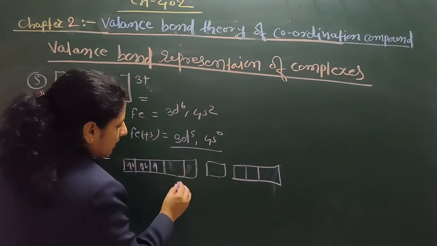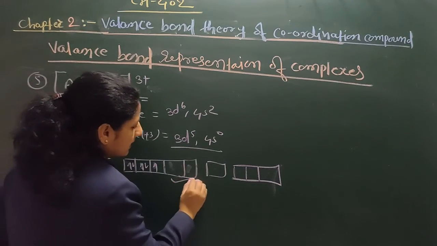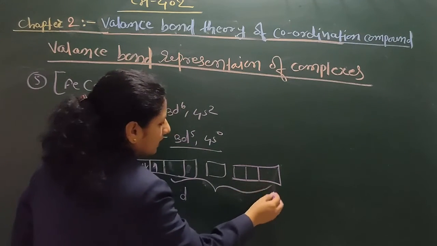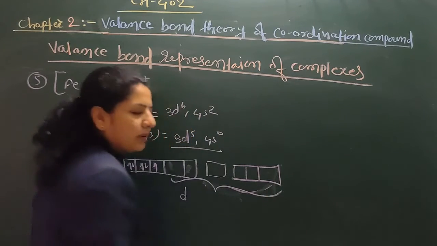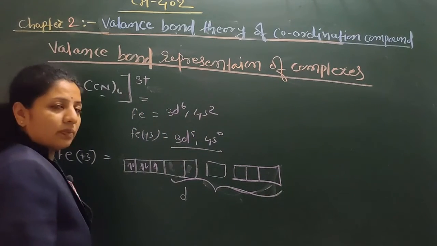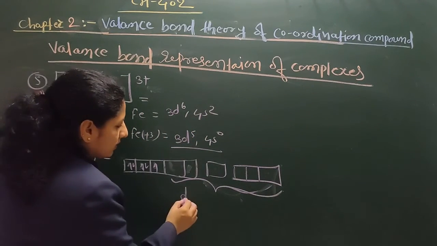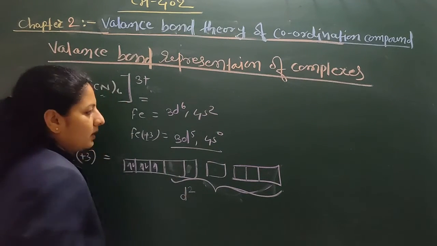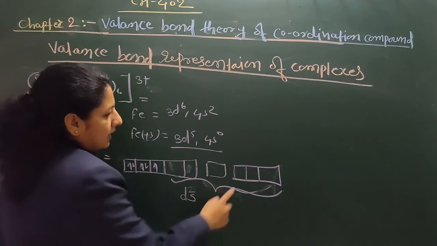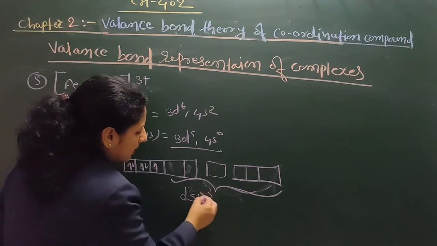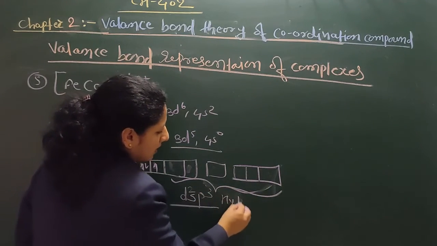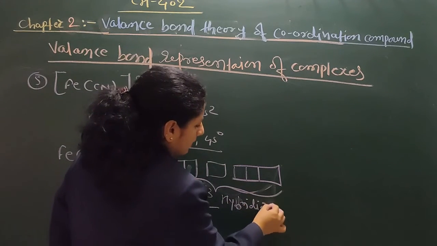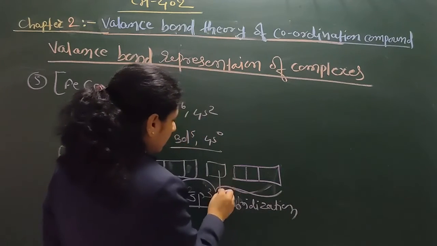So two d orbitals, one s orbital and three 4p orbitals are used for bonding. So that is d2sp3 hybridization for this complex.